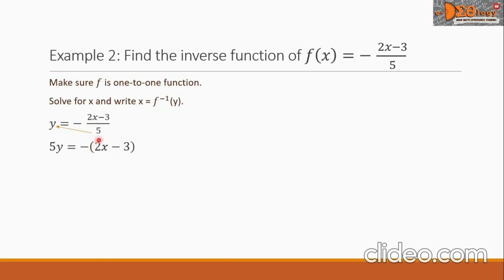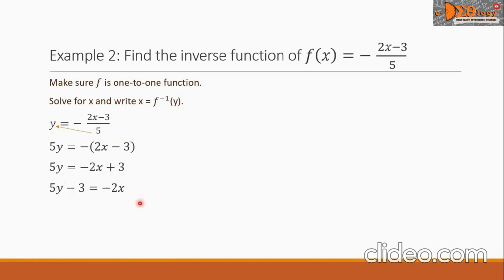So negative times 2x will be negative 2x, negative times negative 3 is positive 3. And then this positive 3 will be transposed to the other side. From positive, it becomes negative. So I have now 5y minus 3 equals negative 2x.